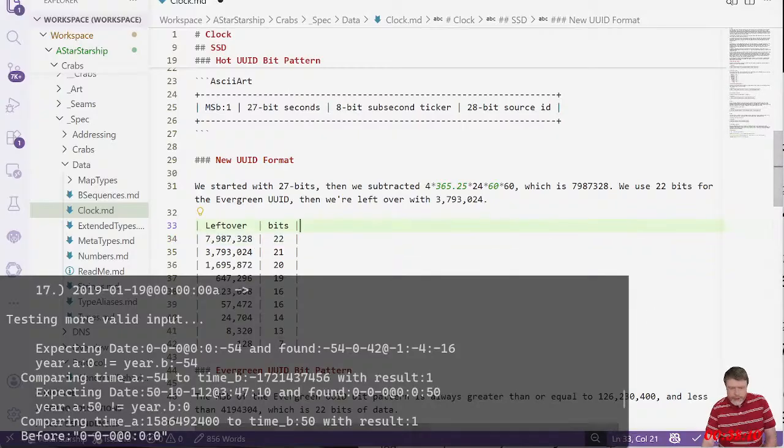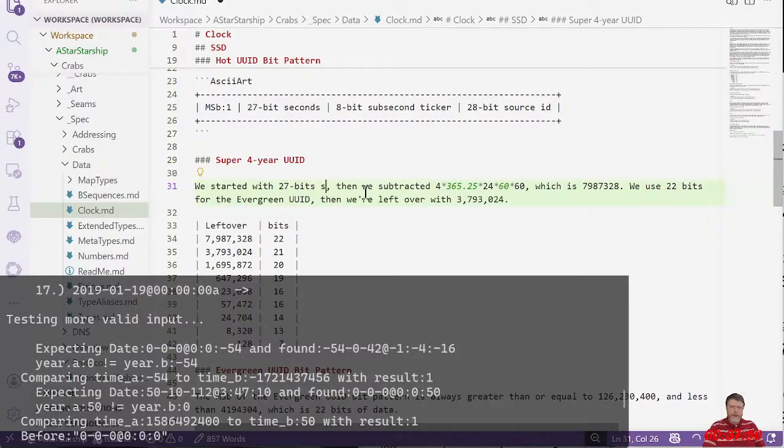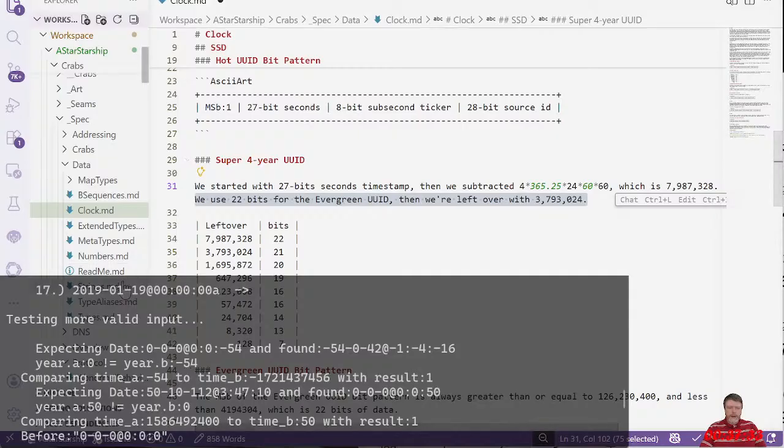So now what we're going to do is super four-year UUID. Okay, so super four-year UUID means that the timestamp is over this. We subtracted this, which is this. Is it 22 bits? Okay, so now we can break up our bits.